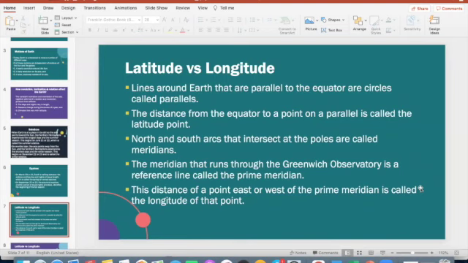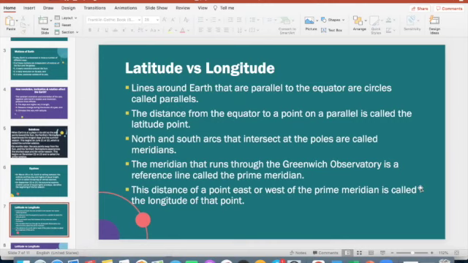And then north and south arcs that intersect the poles, the north and south poles, are called meridians. The meridian that runs through the Greenwich Observatory is a reference line called the prime meridian. The distance of a point east or west of the prime meridian is called longitude.